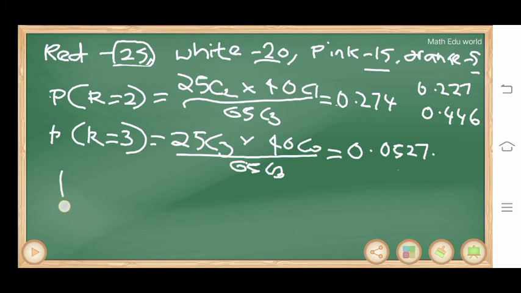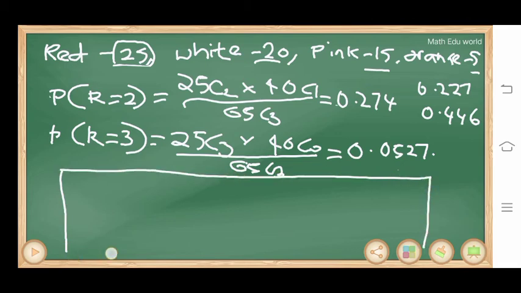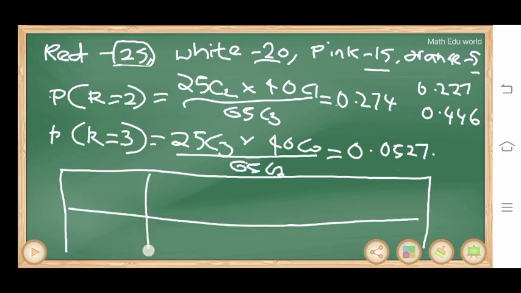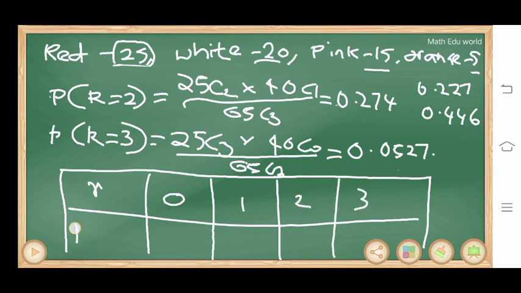Now we can make the table, which consists of 2 rows. First row represents small letter r. It can be number of red roses as 0, 1, 2 or 3, and second row is probability of R is equal to r.